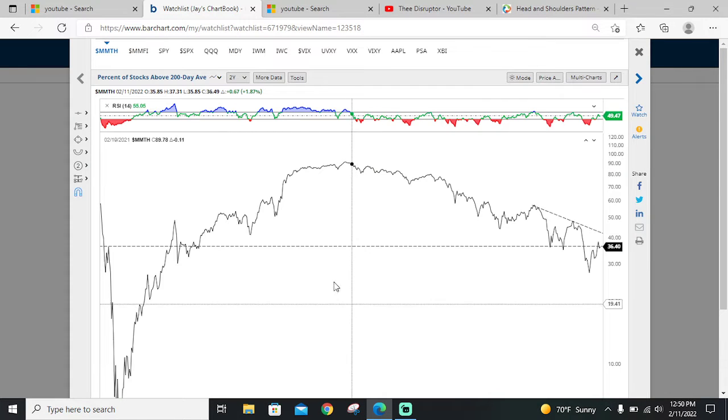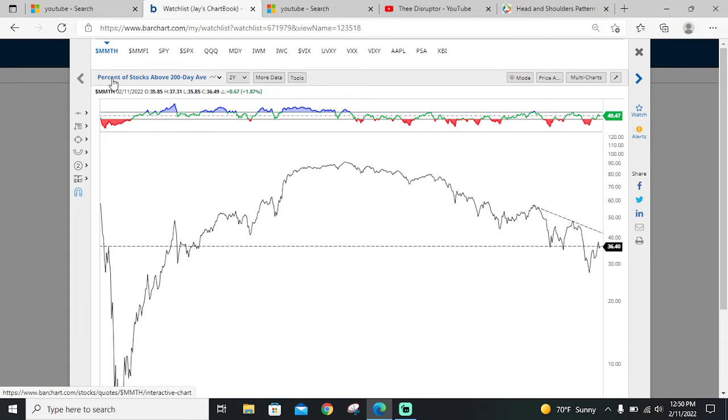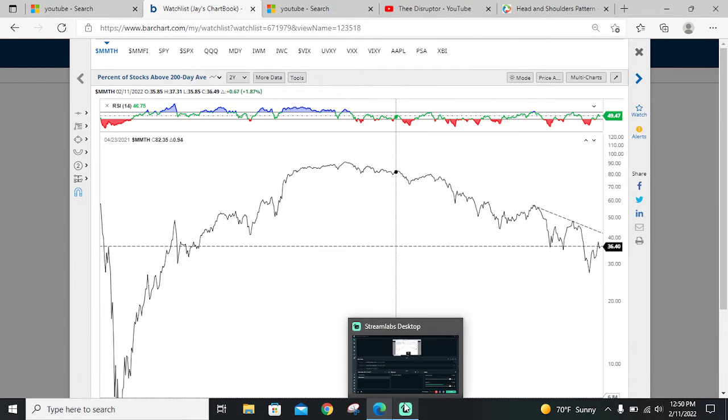Okay, so the first thing is, when I'm looking at the market and trying to figure out what I'm going to do, I want to see about breadth, right? And if you're unsure what breadth is, breadth basically means the amount of stocks that are participating in the market, right?